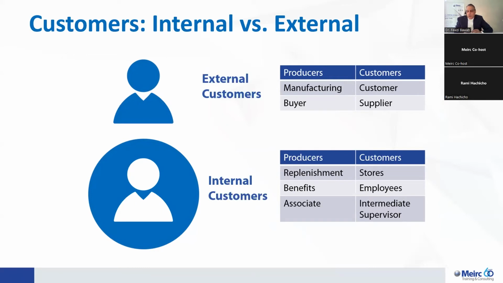So you can do the SIPOC for an HR department, you can do it for an IT department, you can do it for a supply chain, or you can do it for a process that basically interacts directly with your external customers. So you have multiple ways where you can build this SIPOC, and you can identify different types of customers.